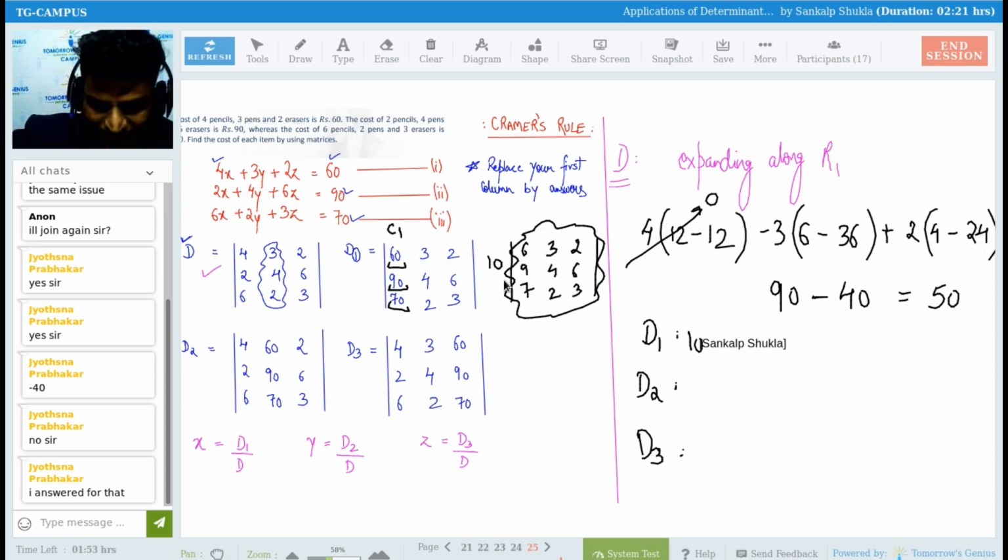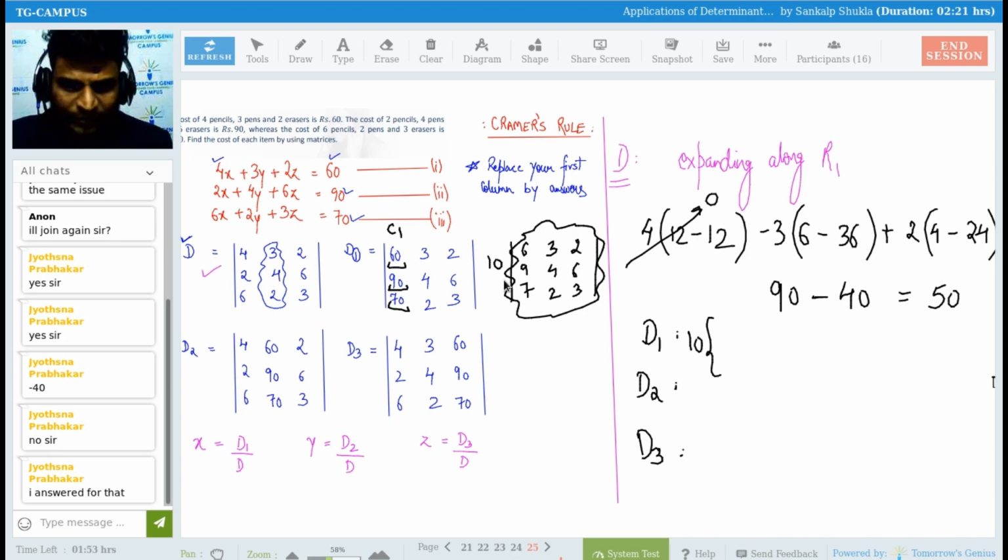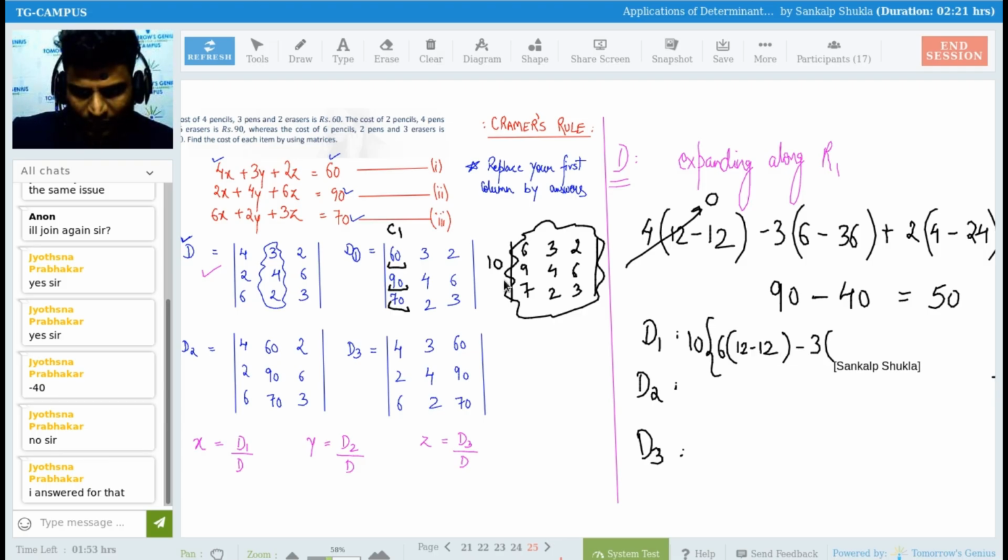So I've taken 10 out as common. Now I'm expanding this determinant. I'll again expand it along R1. So 6 I will write. It will be 4 3s are 12 minus 6 2s are 12. Again 12 minus 12, that is 0. Then I'll write minus 3. It will be 9 3s are 27 minus 7 6s are 42. 27 minus 42. Then I'll write plus 2.